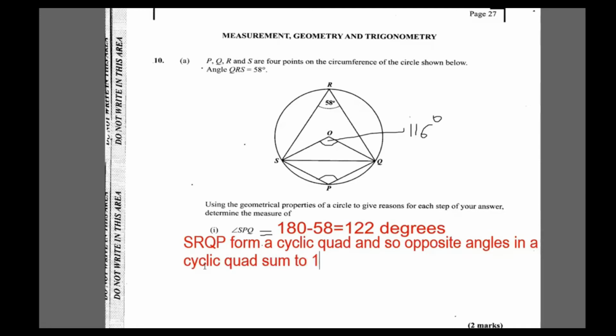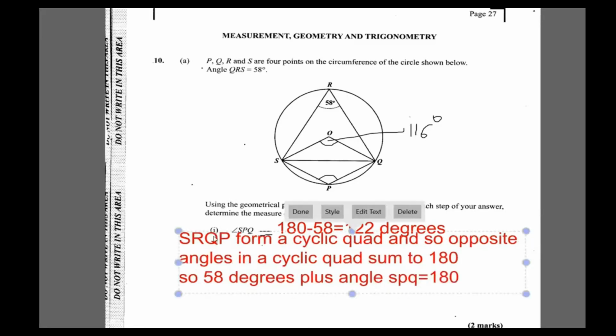So what we're saying is 58 degrees plus angle SPQ equals 180. That's the reason that we use, and that's going to give us angle SPQ. Nice and easy.